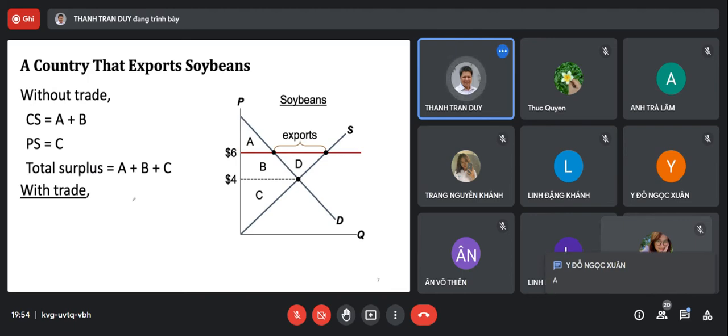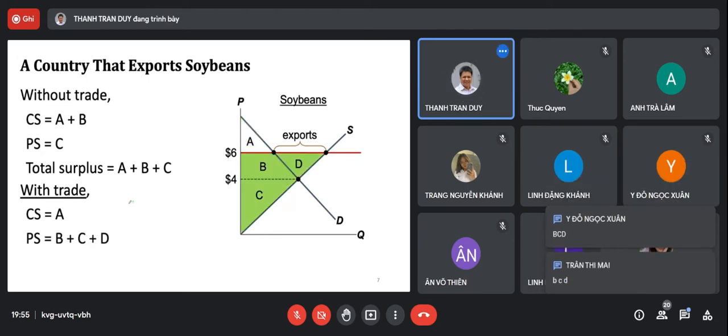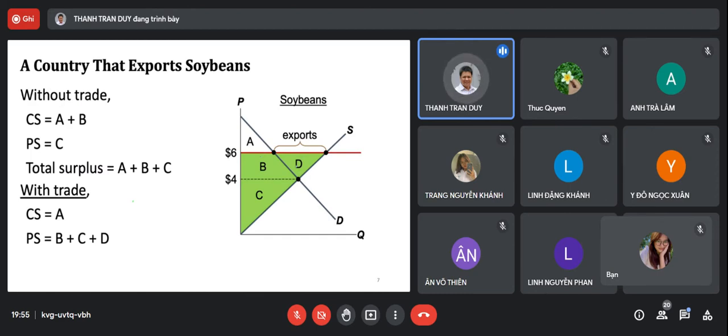It's only A, exactly A. Producer surplus is BCD, because this local seller can sell up to this quantity, right? And they gain additional D. So the total surplus in this case will be A, B, C, D. And D will be the gain from trade.